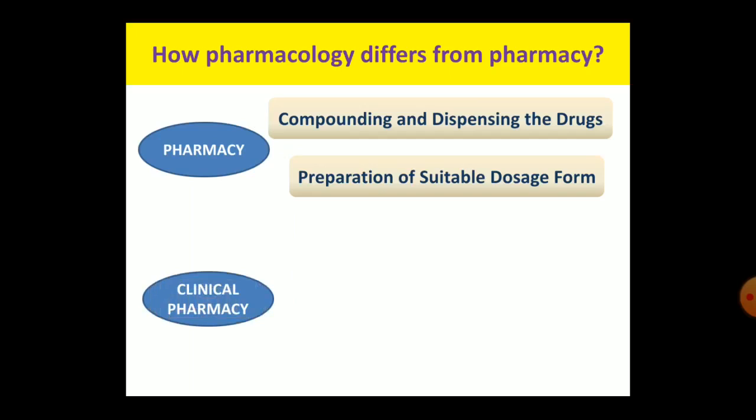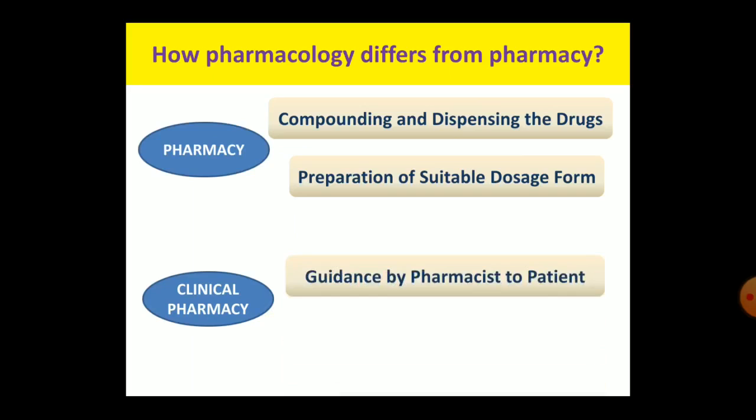Now there is another term. Don't confuse clinical pharmacy with pharmacology. So pharmacy, you have understood, is the compounding and dispensing of drugs and preparation of a suitable dosage form. Now clinical pharmacy means guidance by the pharmacist to the patient regarding how to take the drug, when to take the drug, what precautions should be taken.